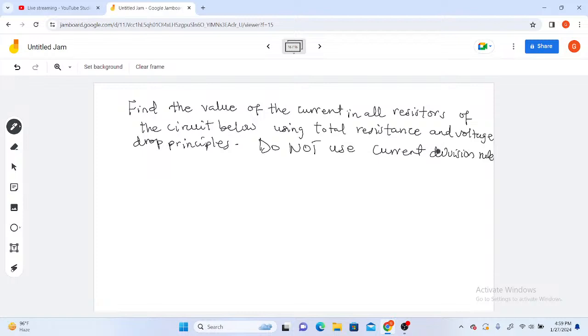So let's see the circuit. We have, so let me draw this.